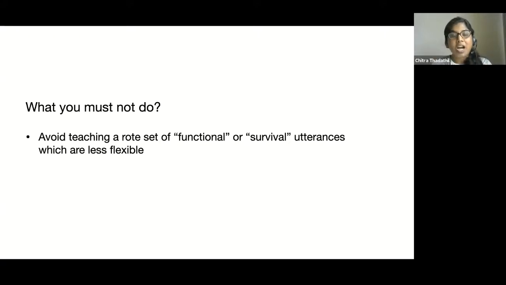Let's not change our children, because by trying to teach them a set of survival utterances, we're actually going to induce a lot of anxiety in the child. That in turn can lead to emotional dysregulation, and emotional dysregulation can lead to more echolalic utterances and other behavioral challenges.